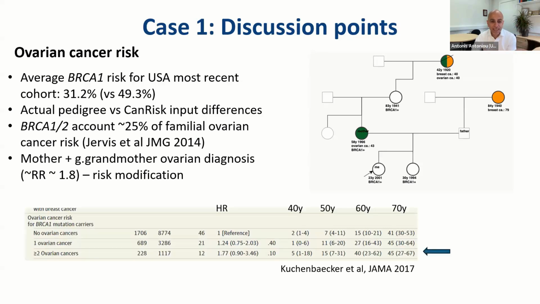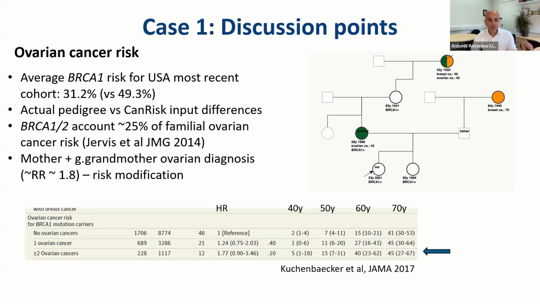based on epidemiological data, for example, that we published back in 2017 in a prospective cohort of BRCA1 and 2 carriers, we see that the ovarian cancer risks in carriers are also modified by the number of first and second degree relatives that someone has.